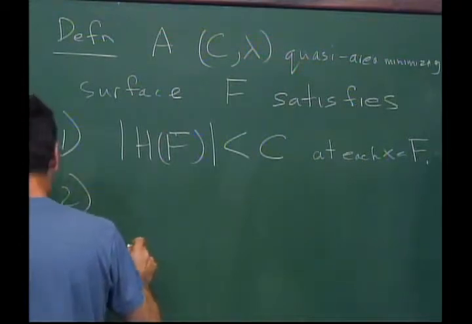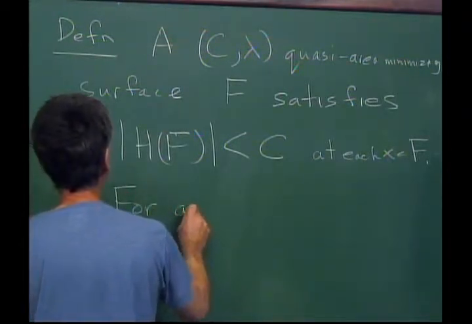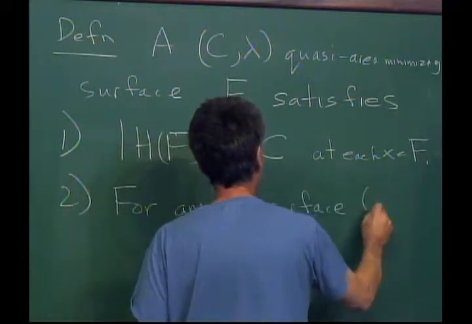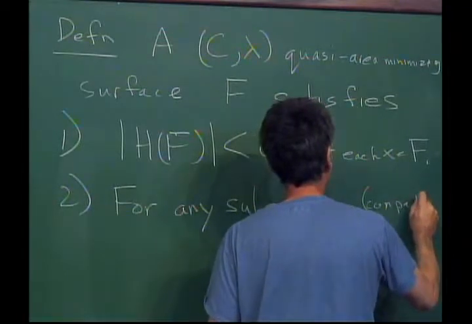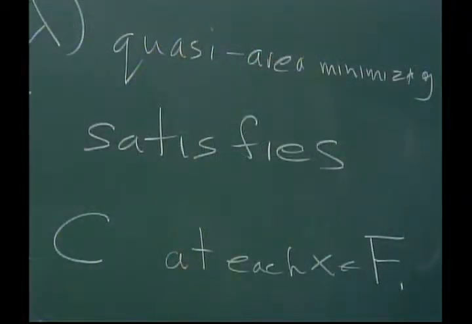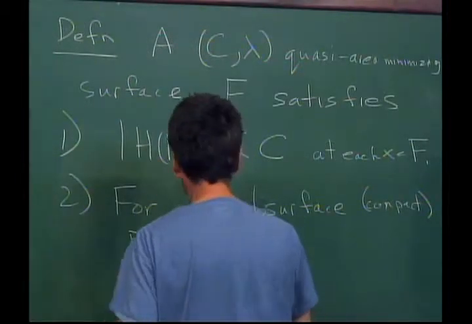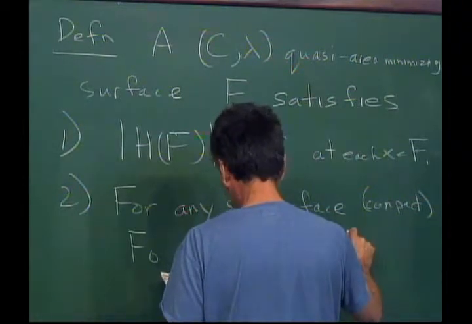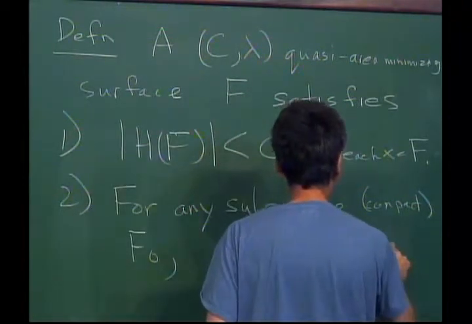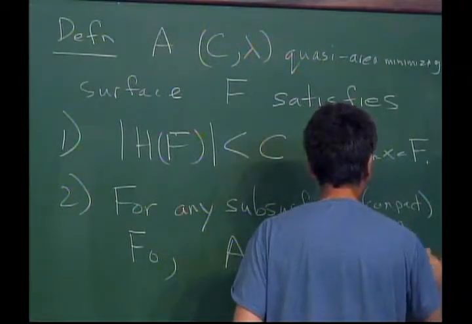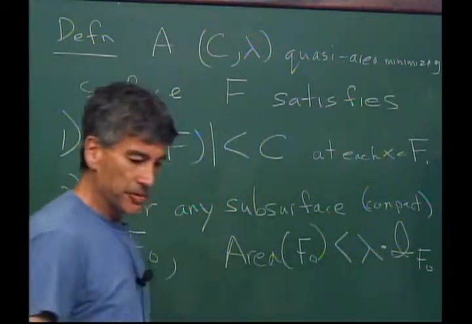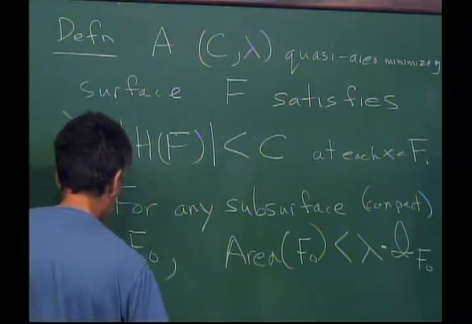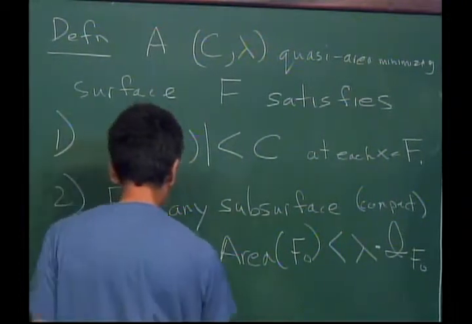And the second one is that for any compact subsurface F0, the area of F0 is smaller than lambda times I of F0, where this represents the smallest possible surface area of all competitors.